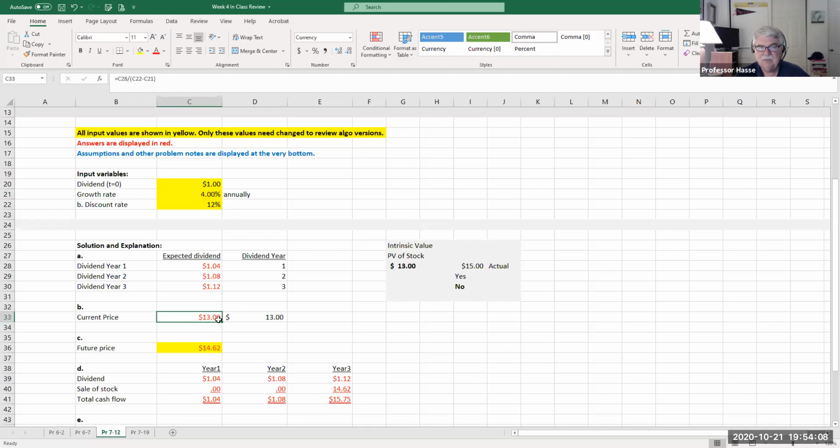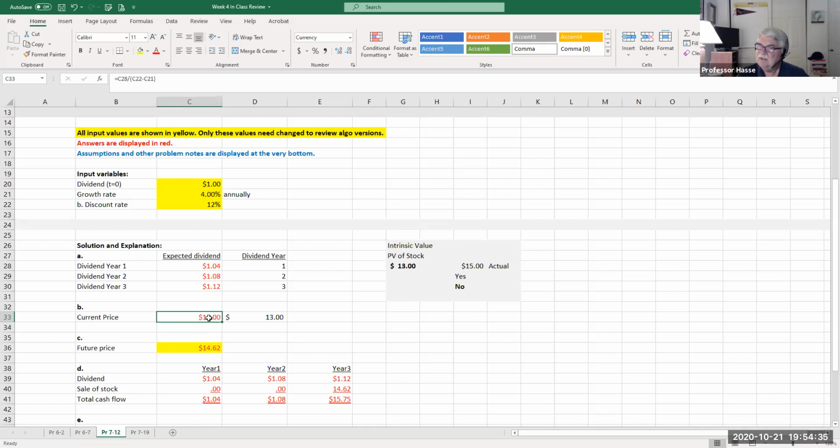But if I go to my broker or go to Yahoo Finance and look up the current stock price in the market, it is $15 a share. In other words, today this company's stock closed at $15. Wait a minute. I just calculated that the present value based on the company's projections of dividends and growth is $13.